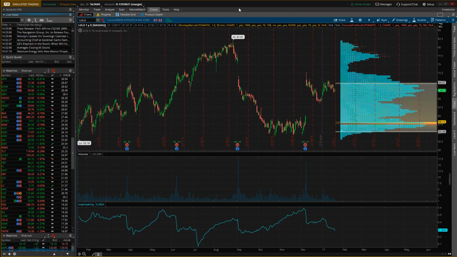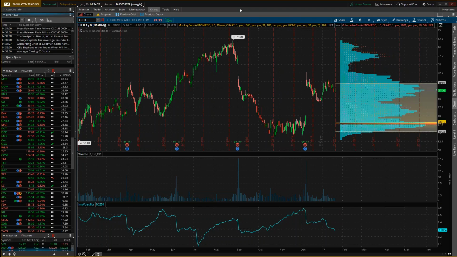In some cases, you can do like a $2.50 wide butterfly and you're only collecting a quarter. That means your potential profit is 25 cents and your potential loss is $2.25. So that means that your risk way outweighs your reward. So what we're trying to do is flip those cards and make it where we're collecting more than 50%.